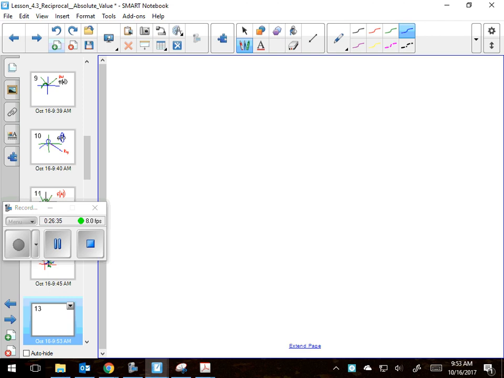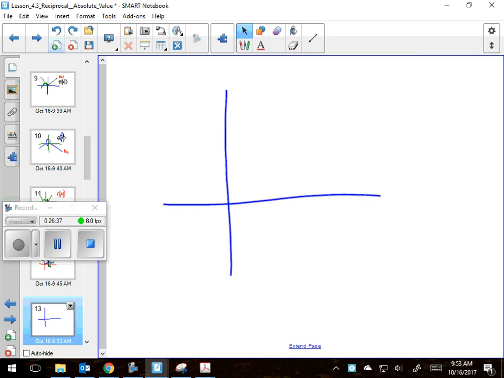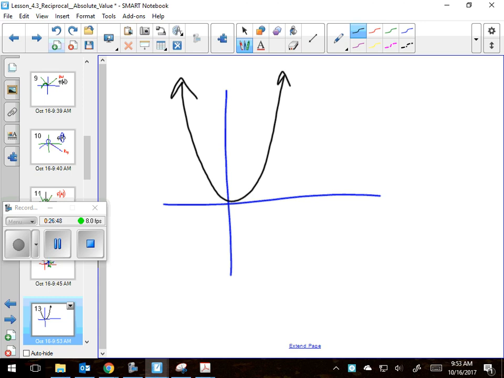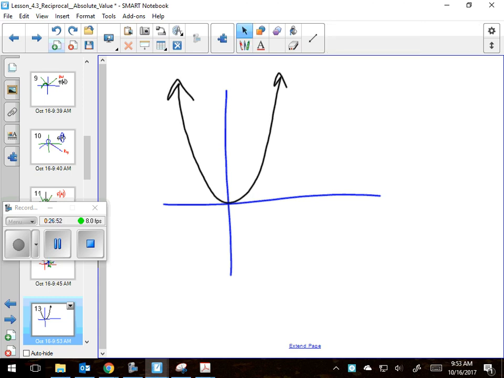I'm going to make a new one. You guys all know that function, right? Just plain old-fashioned parabola. What's its not inverse? What's that word called?